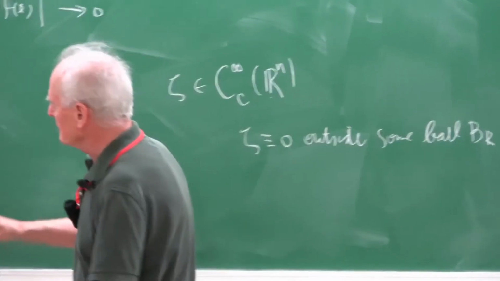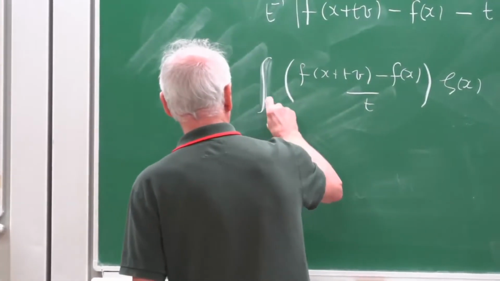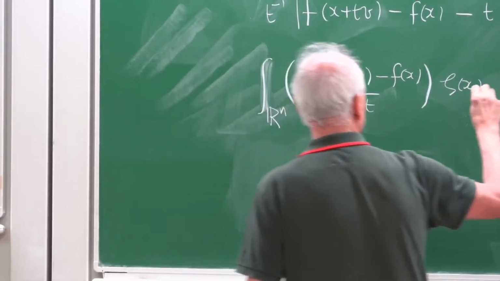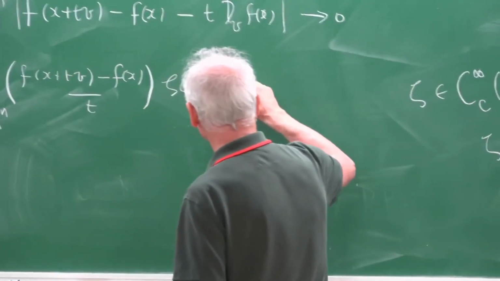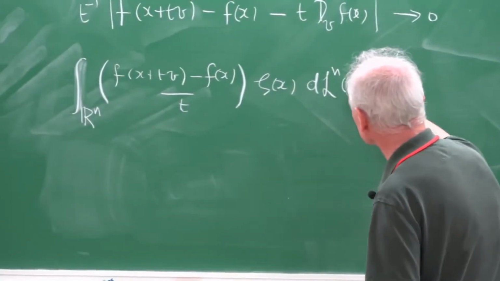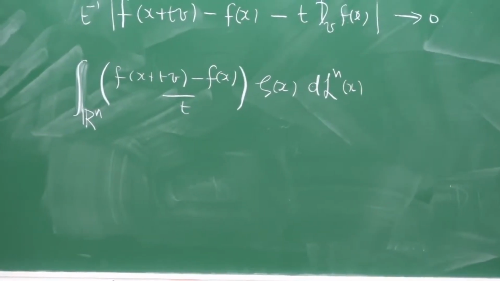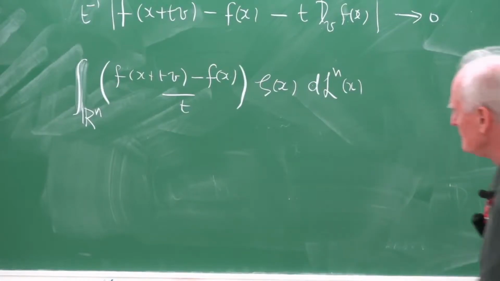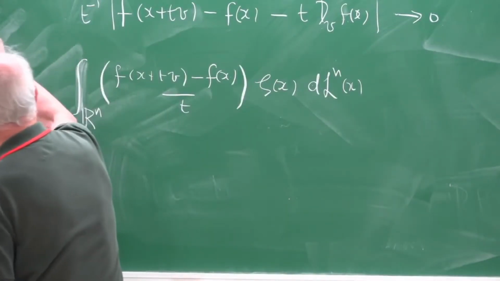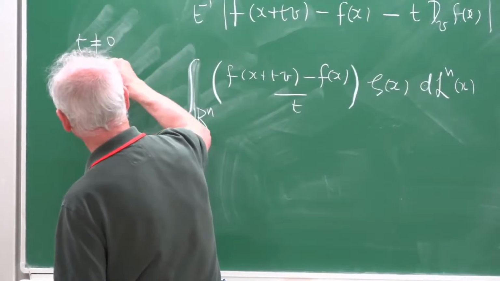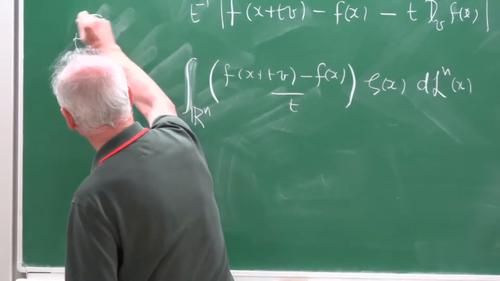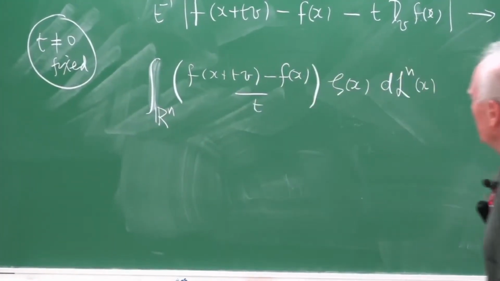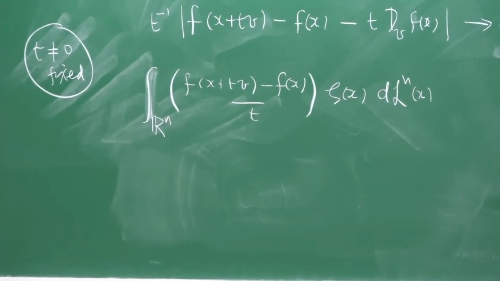And let's integrate that with respect to Lebesgue measure. So x is the variable. We're integrating with respect to Lebesgue measure. And t is fixed for the moment, right? So t is fixed here, t not equal to 0. Now, notice I can make a change of variable here.